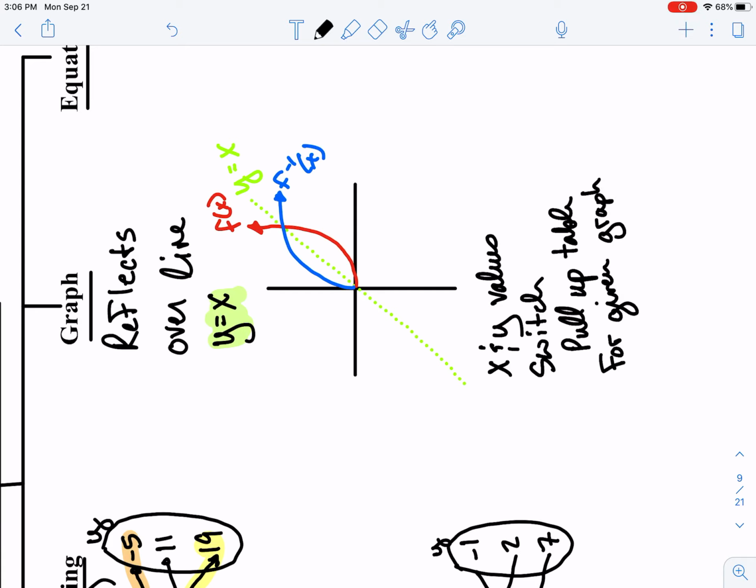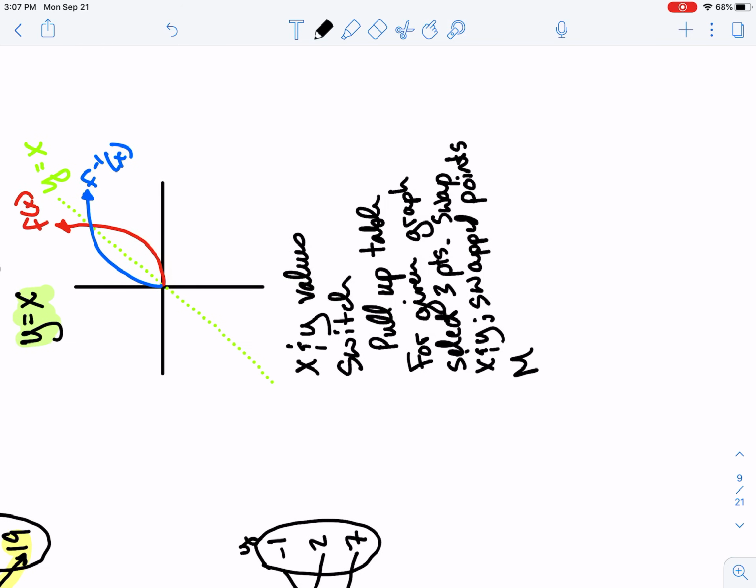Select 3 points. Once you select those 3 points, swap x and y, and the swapped points must be on your other graph, all of them.